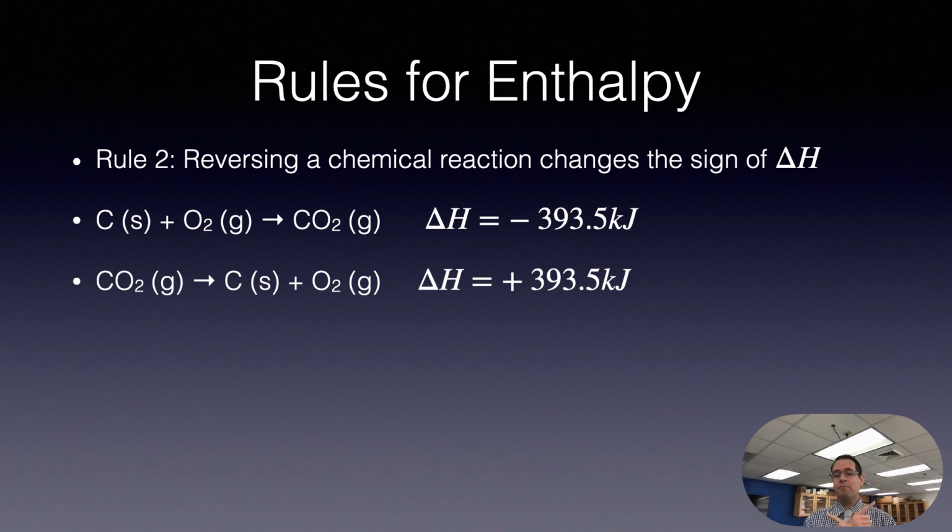But if we flip that reaction around and we're going from carbon dioxide to produce carbon, which is a solid, plus oxygen, which is a gas, it's still going to involve the same amount of energy, but this time it's going to require the energy as an input. It's an endothermic reaction. So the delta H for this reverse process is positive 393.5 kilojoules.